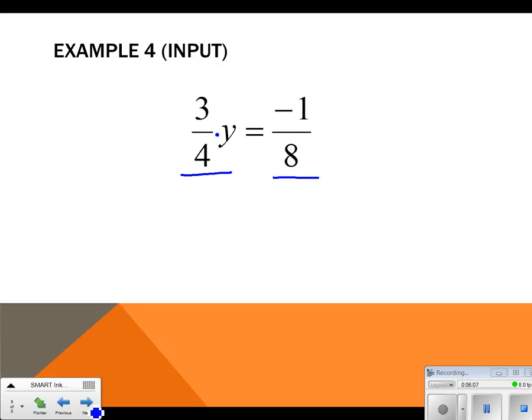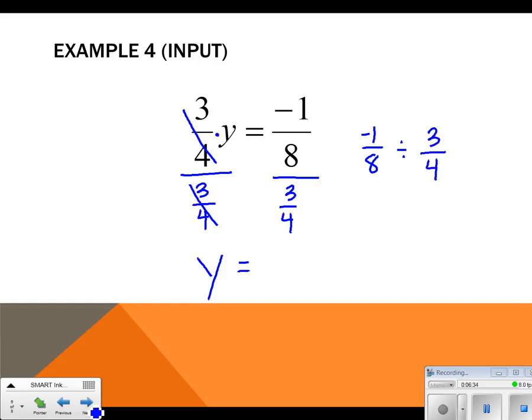We're going to divide by that number that the y is being multiplied by, which is a rational number, 3/4. Whatever we do to one side, we have to do to the other. What happens here is 3/4 divided by 3/4 is 1. So we're left with 1y. What we have to do over here on the right side is negative 1/8 divided by 3/4. Notice how I'm rewriting it.